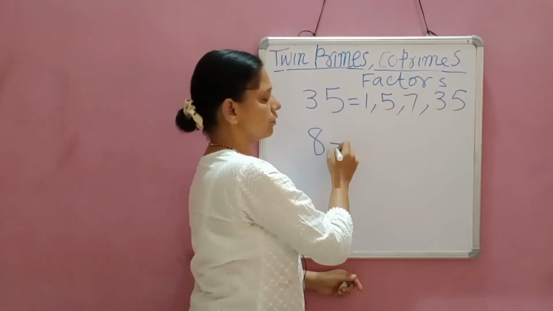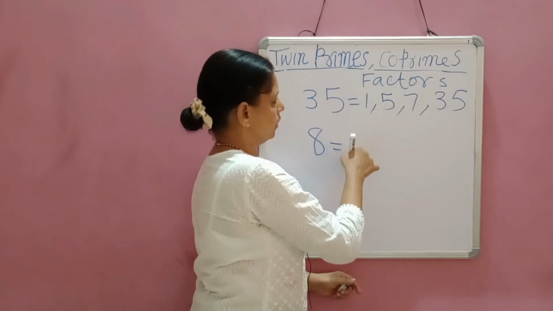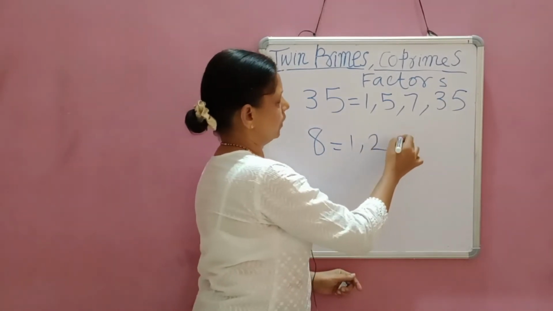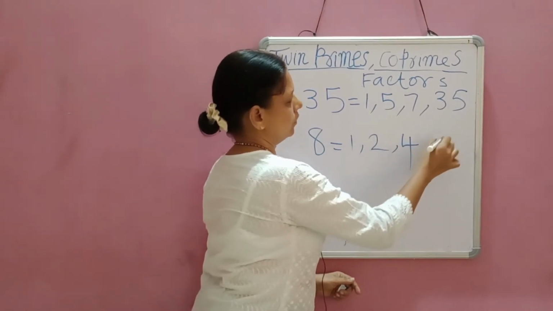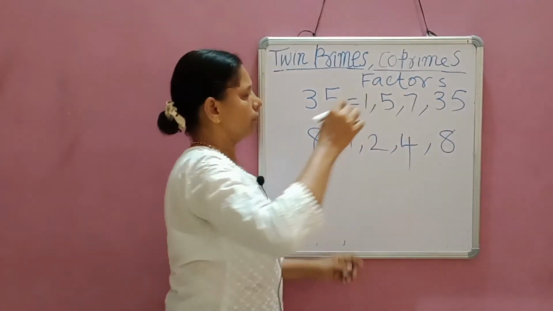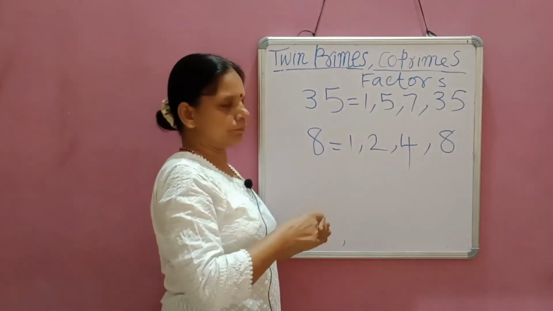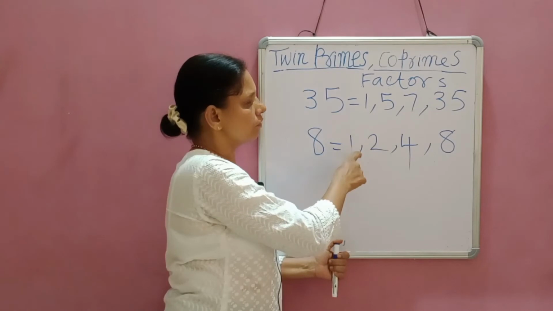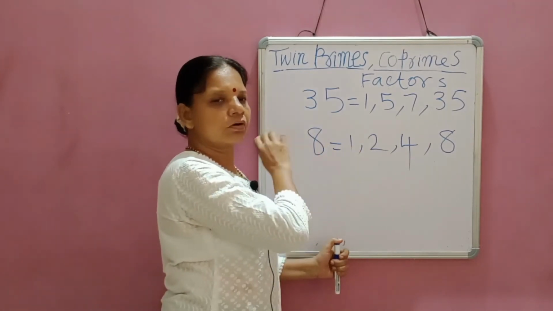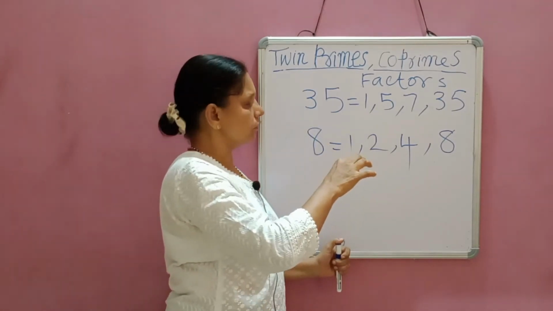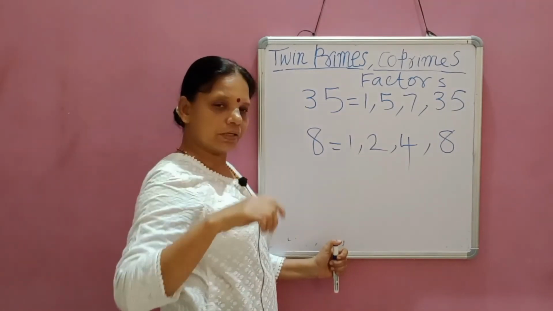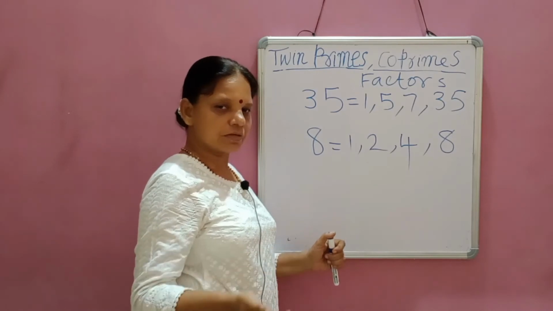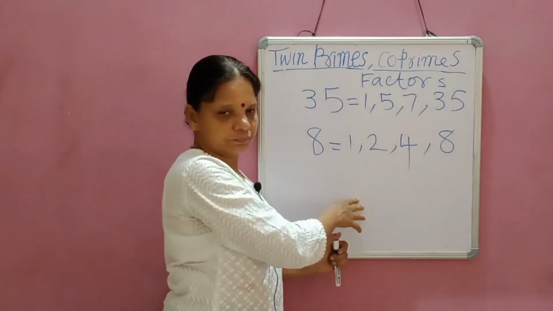Similarly, write the factors of 8. 1, 2, then 4, then 8. Look at the factors of both the numbers. 1 is common for all the numbers. 1 is a factor of all numbers, 1 and itself. So don't consider 1.